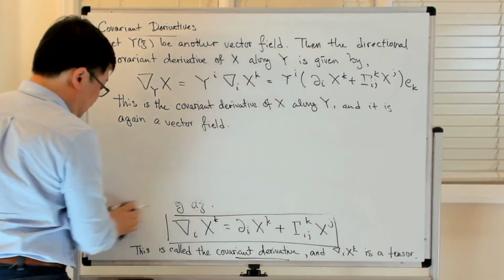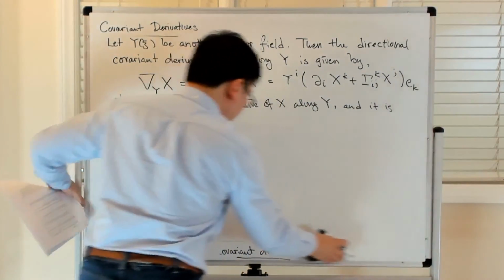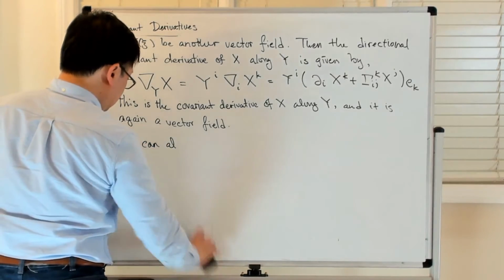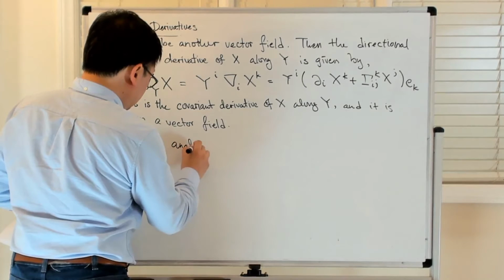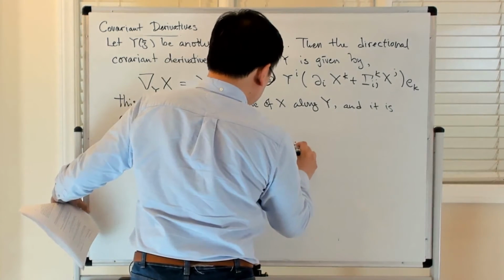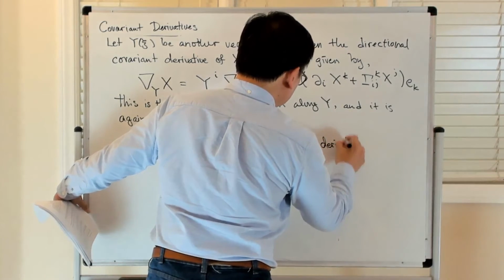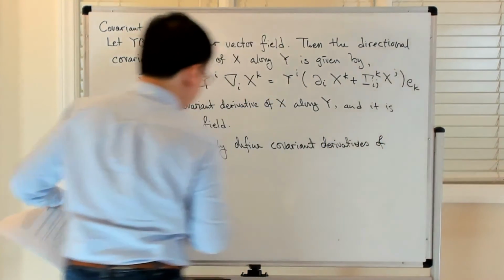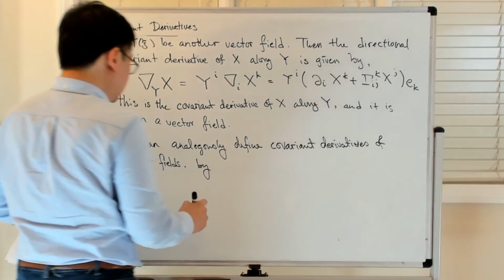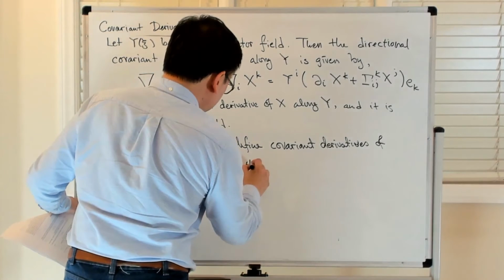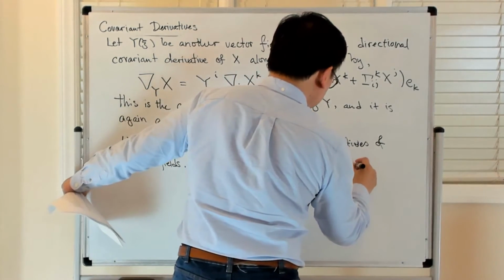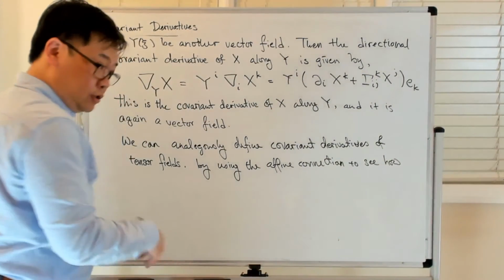So I should just remark that you can analogously define covariant derivatives of tensors, of tensor fields more precisely, by using the affine connection to see how the basis vectors transform.